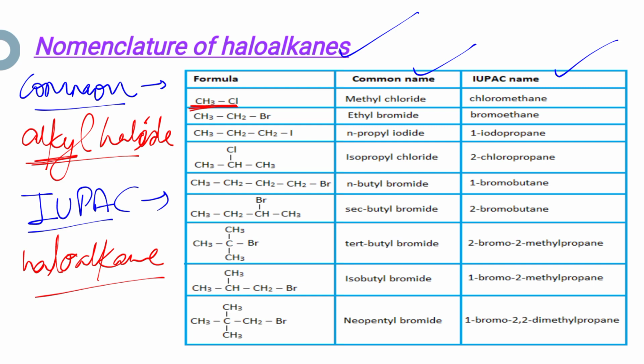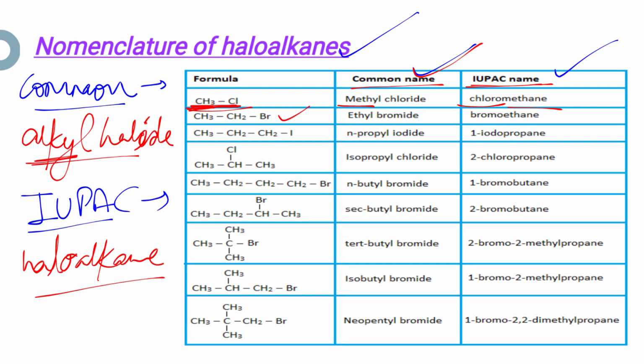So for CH3Cl, chlorine is written as chloride in the common name, and in IUPAC we write chlorine as chloro. CH3 is written as methyl in the common name, and in IUPAC we write it as methane. So the IUPAC name of CH3Cl is chloromethane.